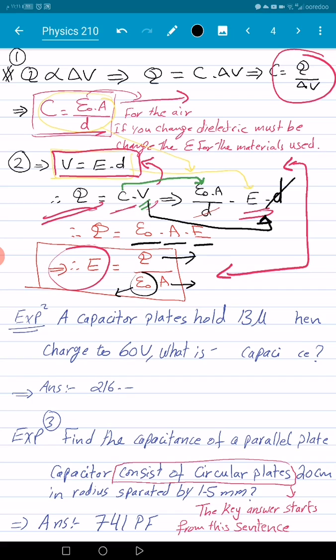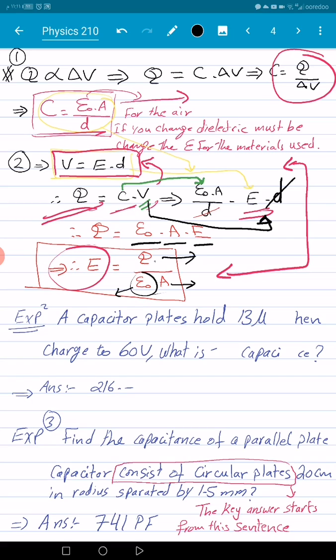But here E with Q is directly proportional, E with epsilon is inversely proportional, and also with the area.